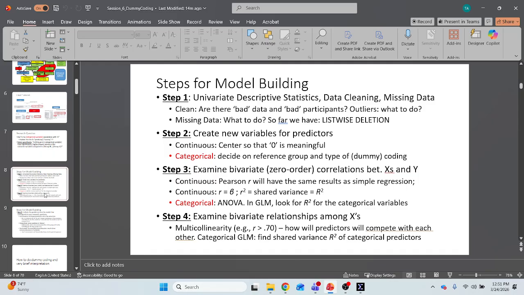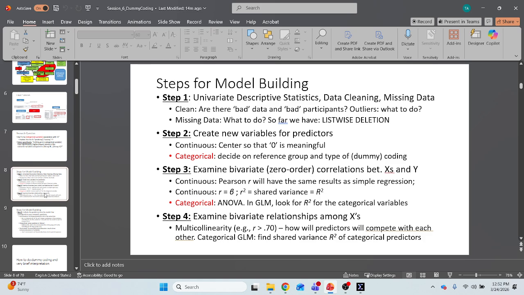Where am I going to center at? Is that the mean, or a specific constant that I like? In our case right now, if we have a categorical variable, you have to decide on a reference group. What's the reference group? What's it for? We'll get to that later. But you have to decide on your reference group and the type of coding, which in our case, we'll just be doing dummy coding for this class.